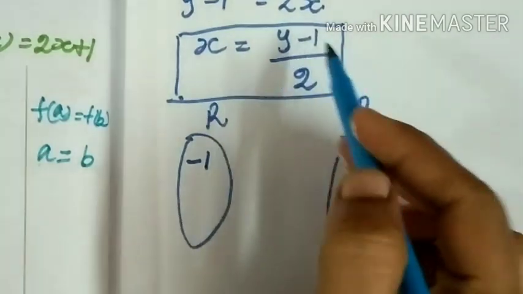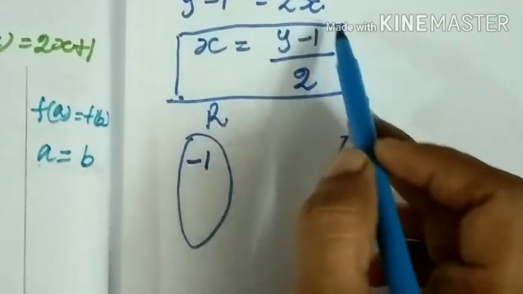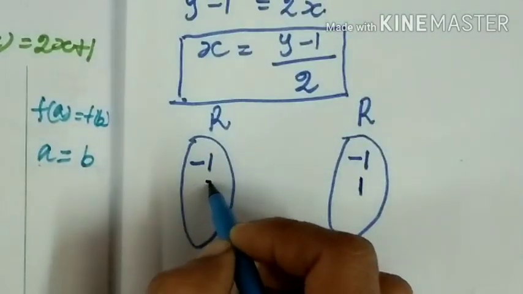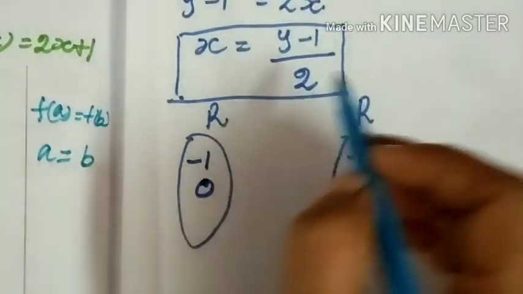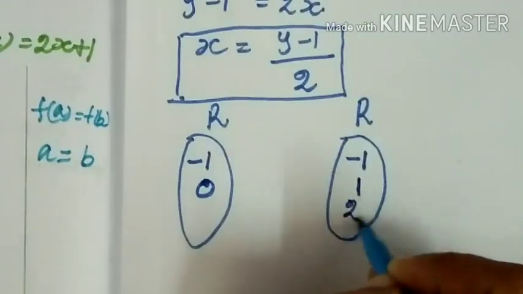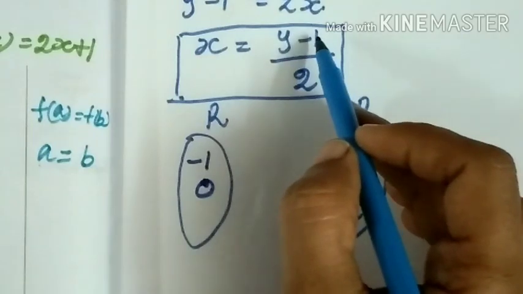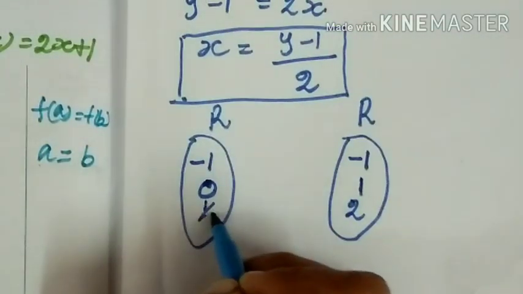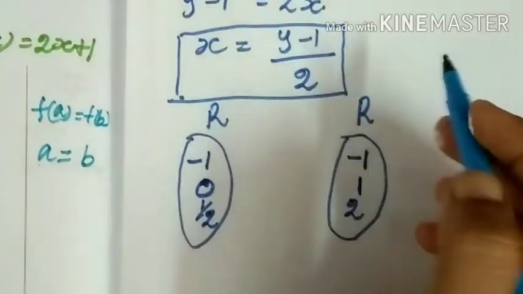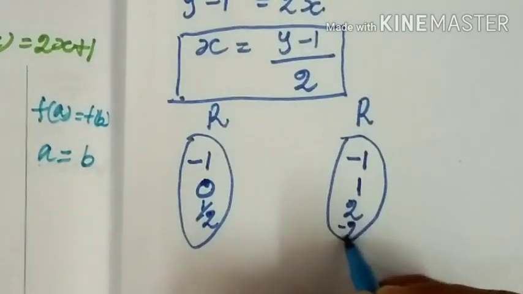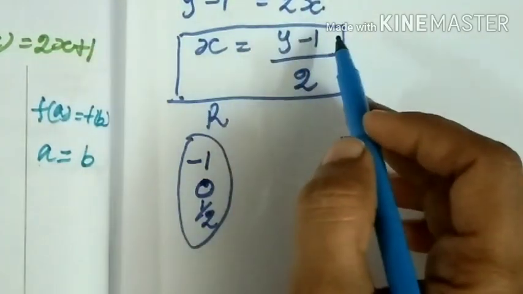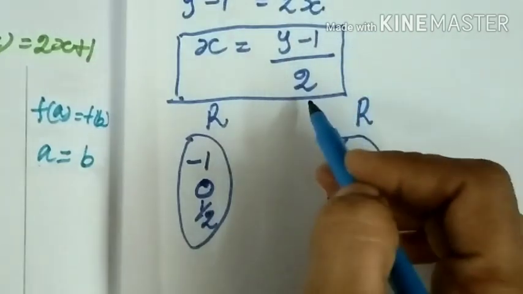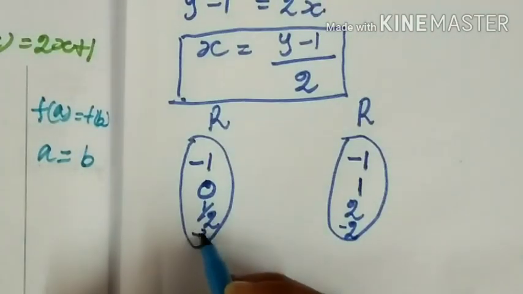Plus 1 means 1 minus 1, 0, 0 by 2, 0. Then next I will take 2. Then 2 minus 1 we get 1, that is 1 by 2. Then next I will take minus 2, which means minus 2 minus 1 by 2, we get minus 3 by 2.